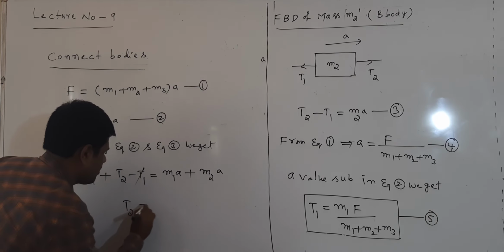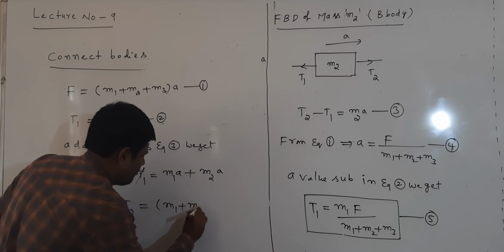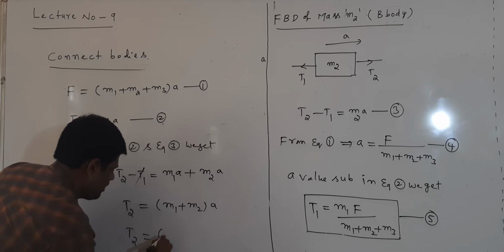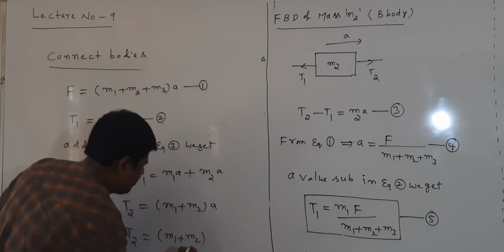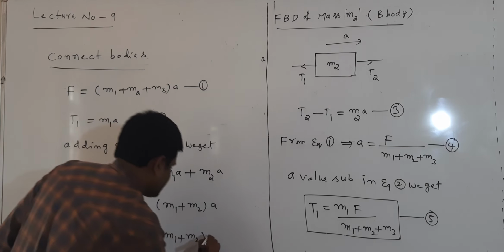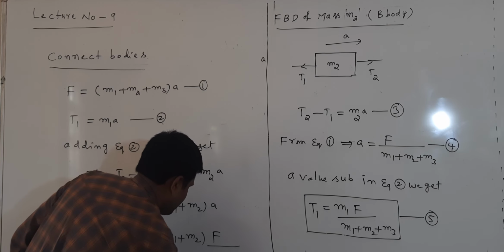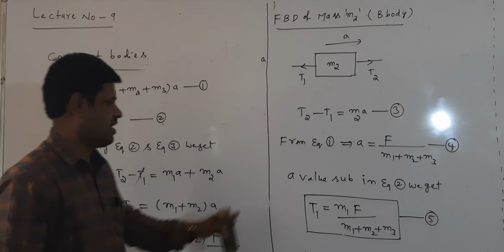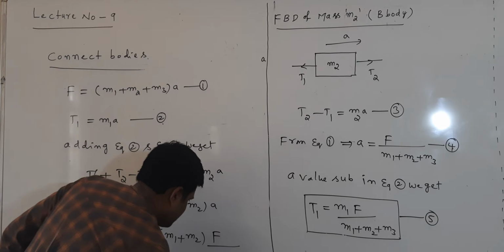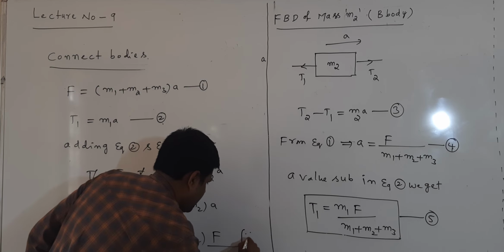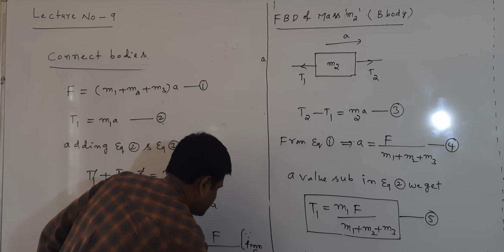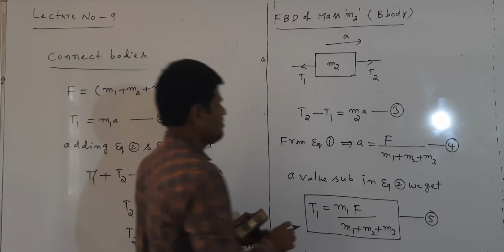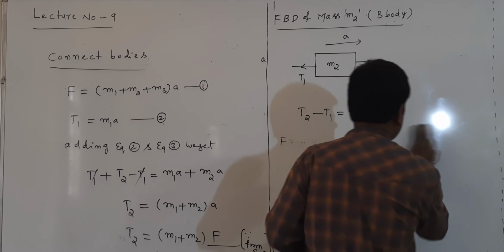So T2 is equal to M1 plus M2 into A. Acceleration is equal to F by M1 plus M2 plus M3, which I am substituting from equation 4. From this we are getting the tension. What is the tension we are getting here?